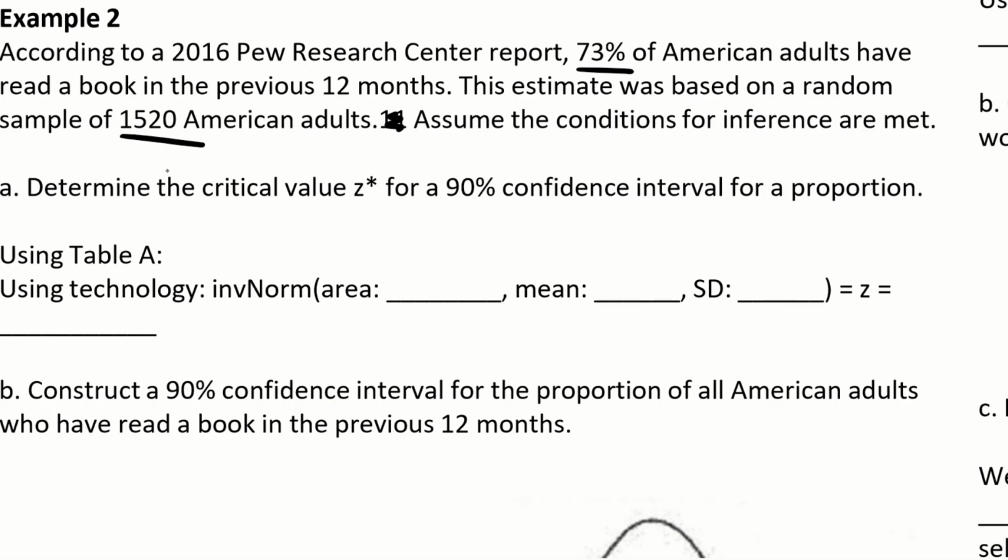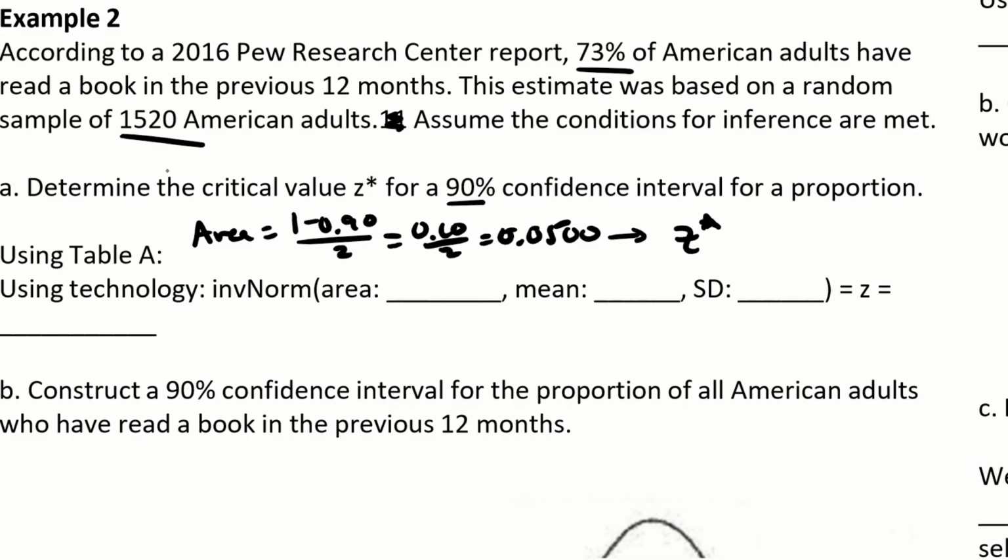Okay? So again, we need to calculate the area. So the area is 1 minus 0.90 divided by 2, which is 0.10 divided by 2, which is 0.05. So we need to look up 0.0500 on the table to figure out what the approximate z star is going to be.